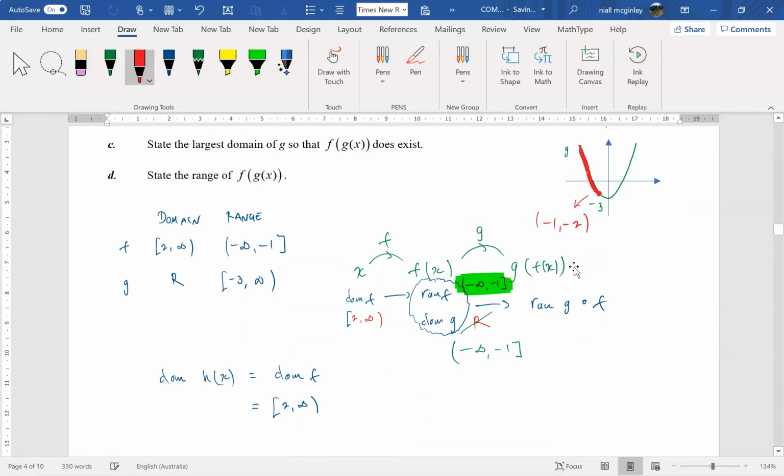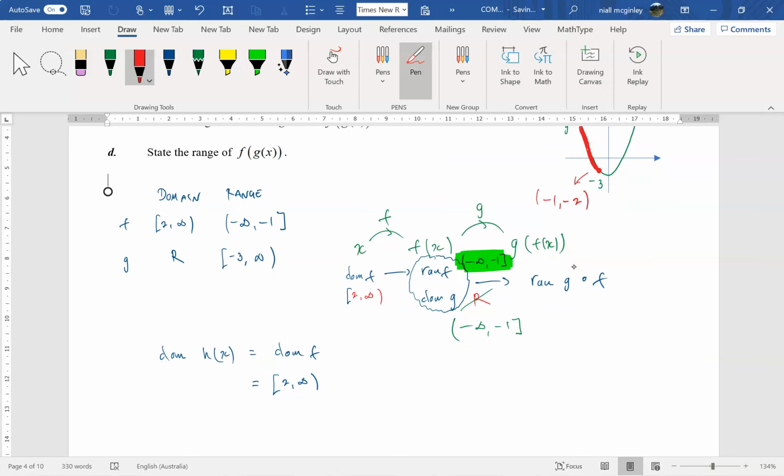So therefore, to work out the range is just going to be with this red part here. So the range is going to be from minus 2. Okay, so we just write that here. The range of h of x is going to be minus 2 including, and up to infinity.